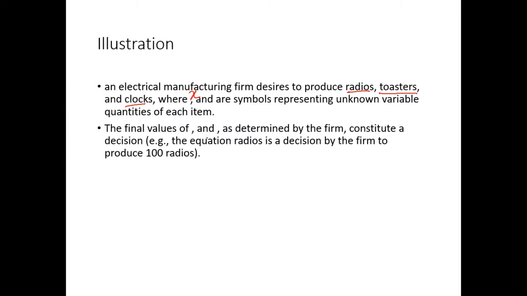I think this is missing. Let's say R and T and C are the numbers of 3 items to be produced: radios, toasters and clocks.